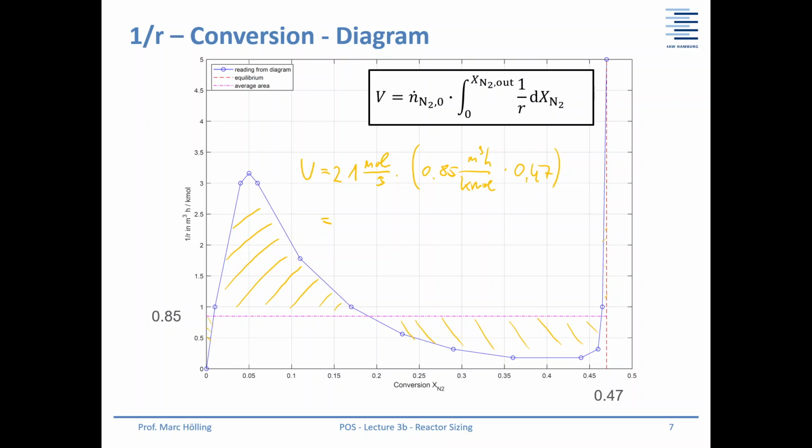It should be this one. Yes, so then you should end up with a value of 30.2 cubic meters.